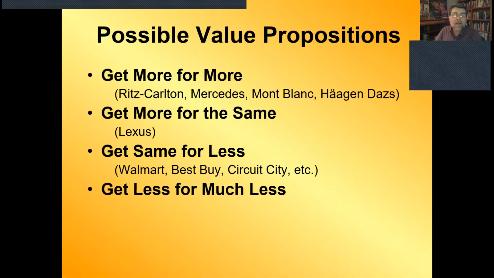Getting less for much less. This may seem like an odd category, but think of Motel 6. Motel 6 is a very basic motel. I don't think they have pools. They don't have nice restaurants or anything like that. It is a traveler's motel, for maybe truck drivers or somebody traveling a long distance.